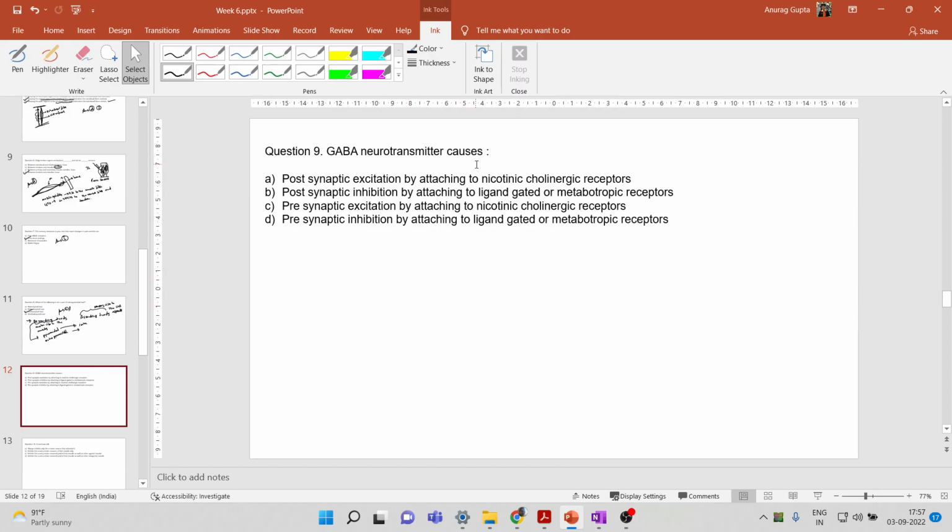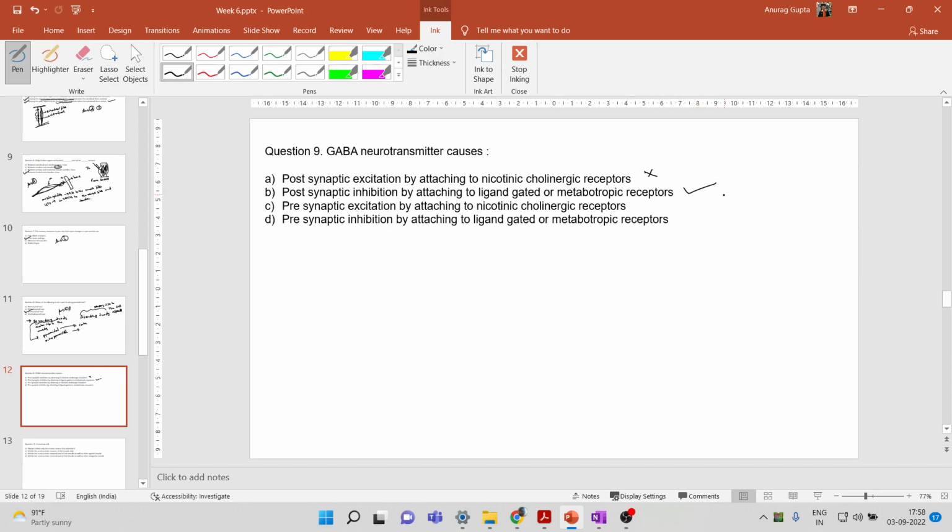GABA neurotransmitter causes a postsynaptic excitation by attaching to nicotinic cholinergic receptors. We know that this is false because acetylcholine attaches to nicotinic cholinergic receptors. Then we have B, postsynaptic inhibition by attaching to ligand-gated or metabotropic receptors. Yes, this is correct.